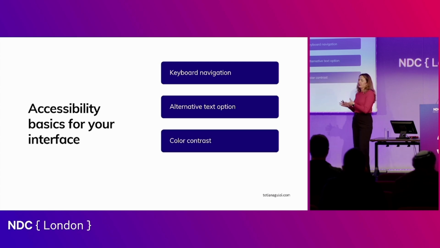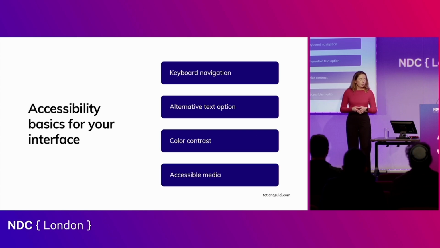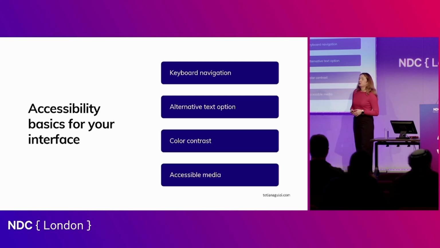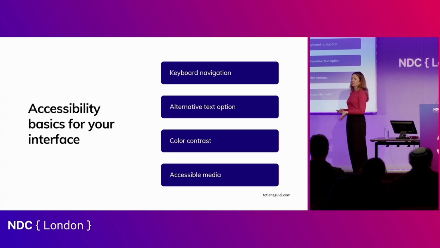It's a very basic thing, but a lot of products do not meet color contrast, especially when it comes to text and backgrounds. So for example, if we have a very flashy red text and dark mode on the background, just make sure that it meets the standards so it's actually readable. And finally, accessible media. So if you use videos on your website, for example, or in your product, make sure there are captions.